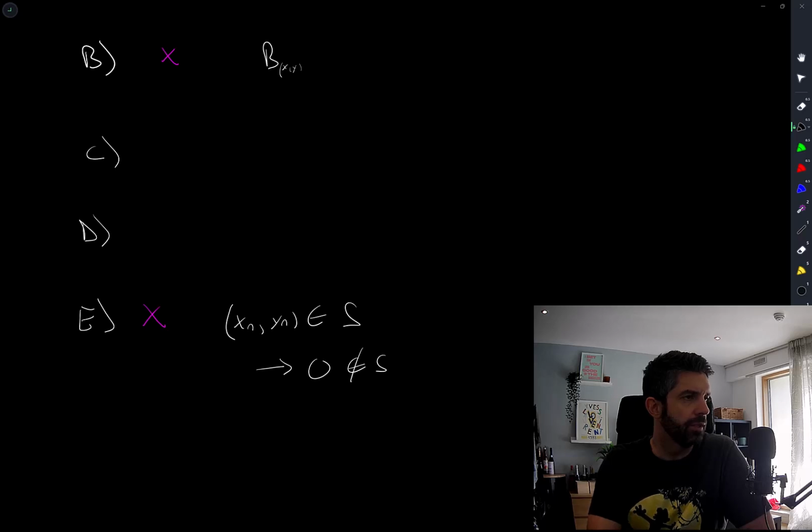A topological space is totally disconnected if the connected components in X are the one-point sets.